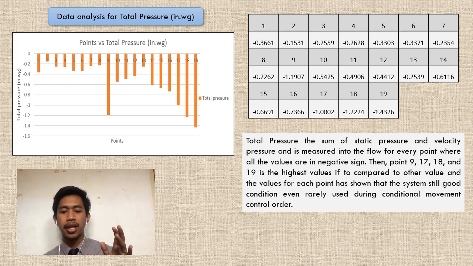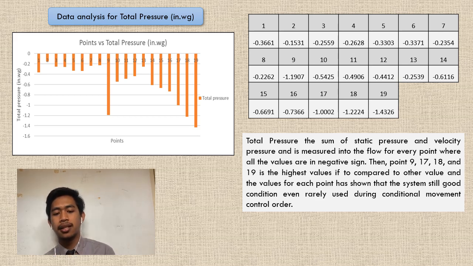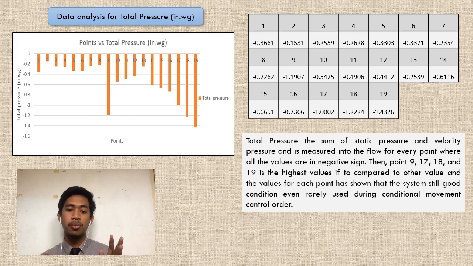Points 9, 17, 18 and 19 have the highest values compared to the other values, and the value at each point shows the system is still in good condition, as it was rarely used during the movement control order. So the system is rarely used because of the MCO.